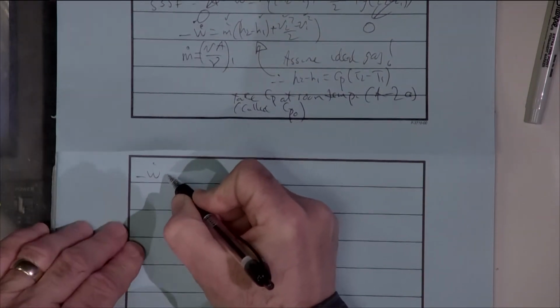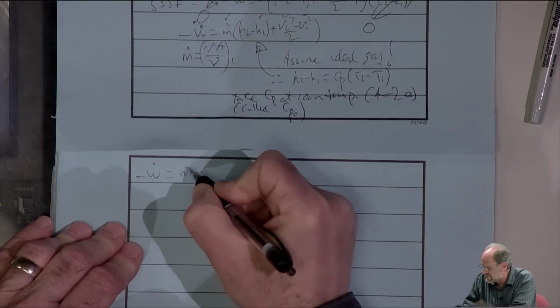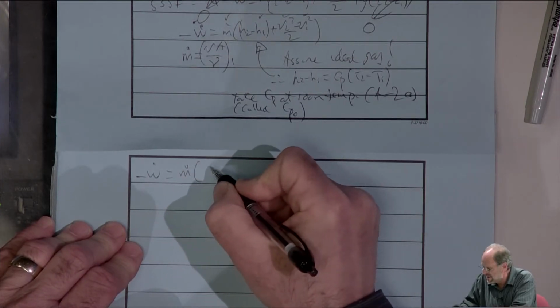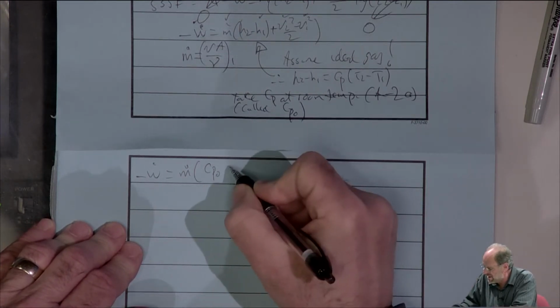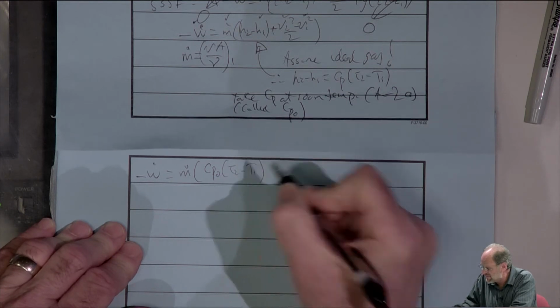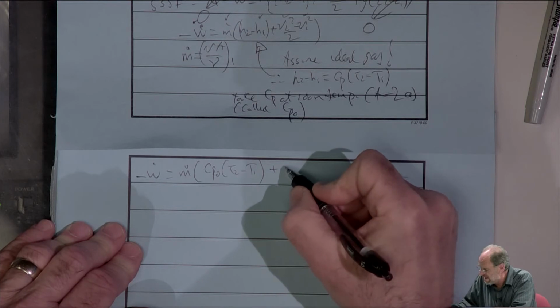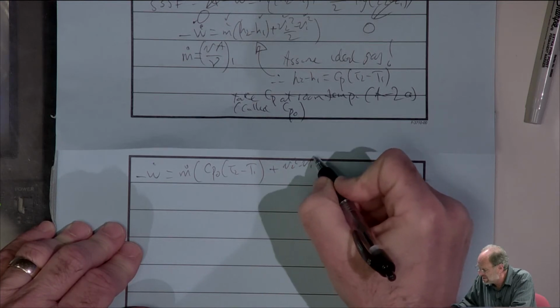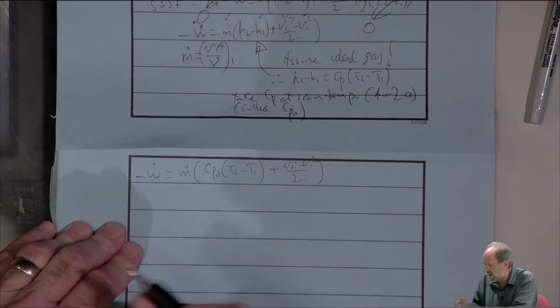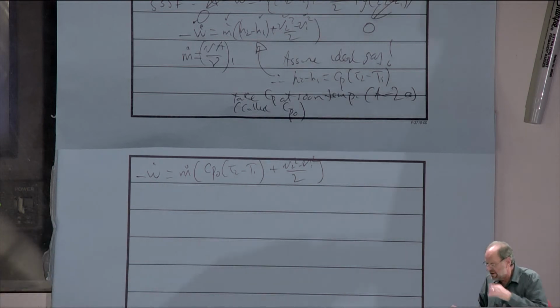The negative of the power equals the mass flow rate times Cp times temperature change. That's the enthalpy change term, plus the kinetic energy change. Other terms have already gone away. So again, we have everything we need.